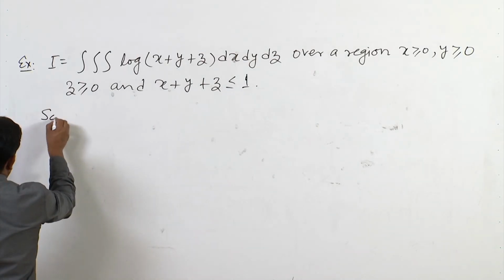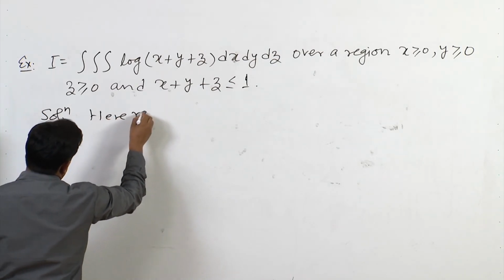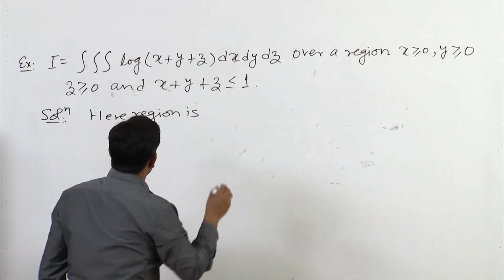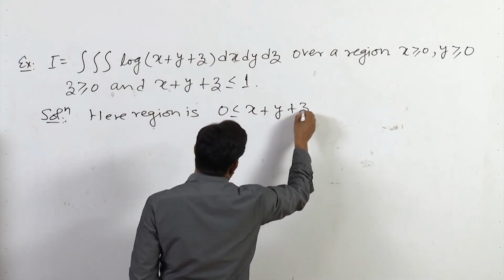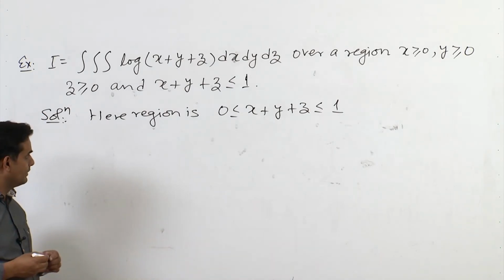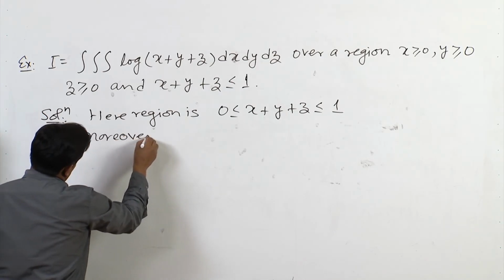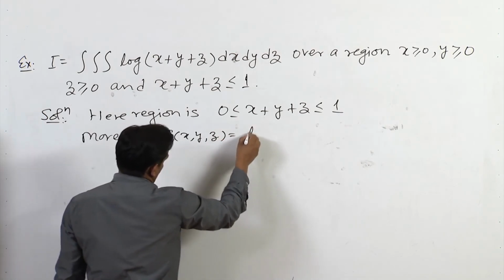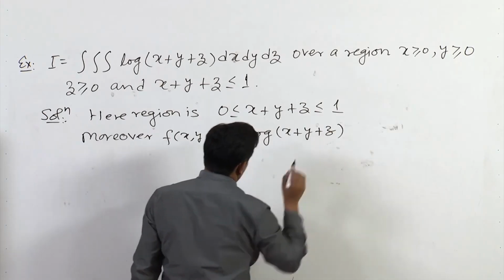So, solution. So, here the region is something like this. Moreover, here f of x plus y plus z equals log of x plus y plus z.